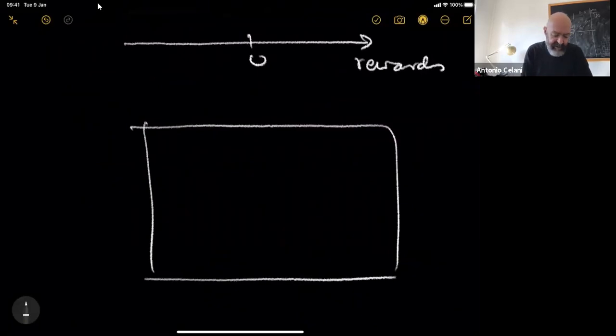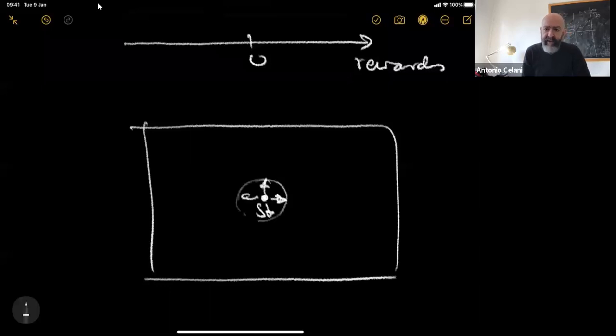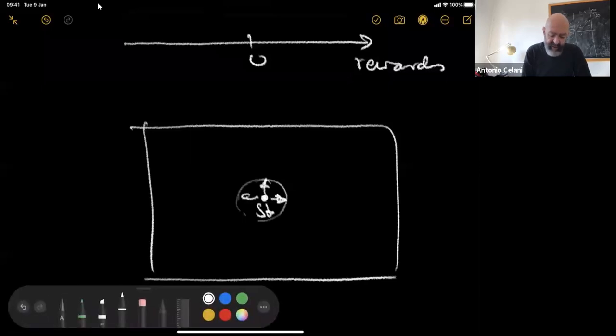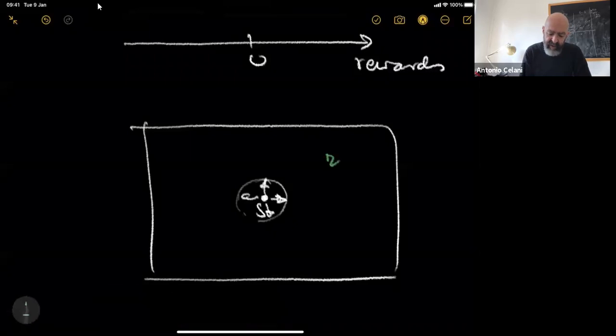I'm just writing down the fact that we have some initial state S. The actions are always very localized in space, so they can only bring me into a small neighborhood of S. And then I have certain rewards which are displaced around. For instance, here there is a reward, here there is a reward, and here there is a big reward.